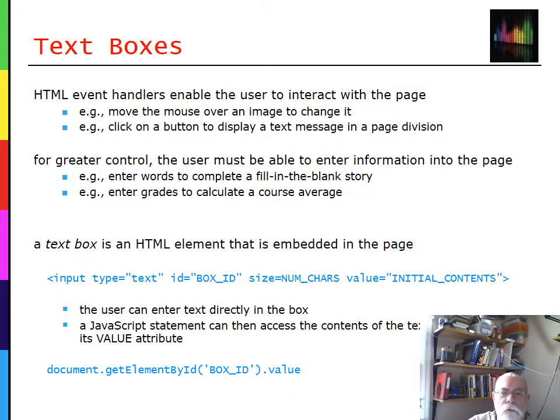You'll notice right off the bat that they talk about how to do this, using an input type called text. The ID for this particular one that we're going to be looking at is boxID. It will have a num character, which will be the size of it.